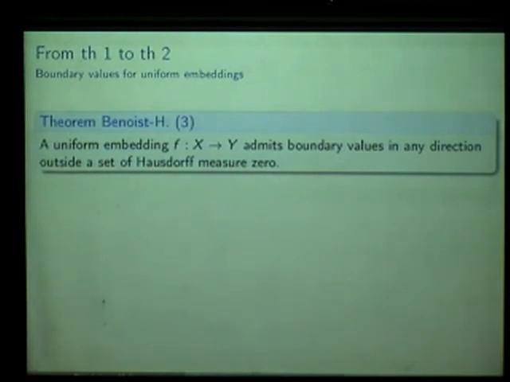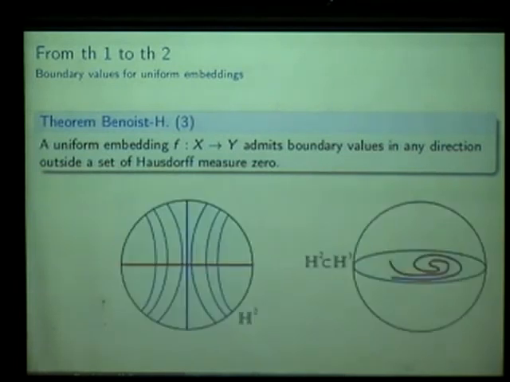We actually use a quantitative version of this result. First, this is an example to show you that we cannot omit the restriction that we work outside the set of Hausdorff measure 0. This should remind you of my construction of a coarse embedding from H2 to H3.